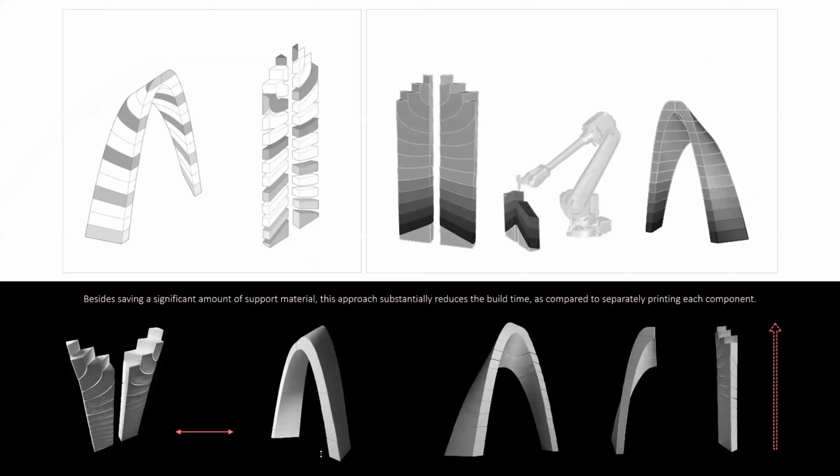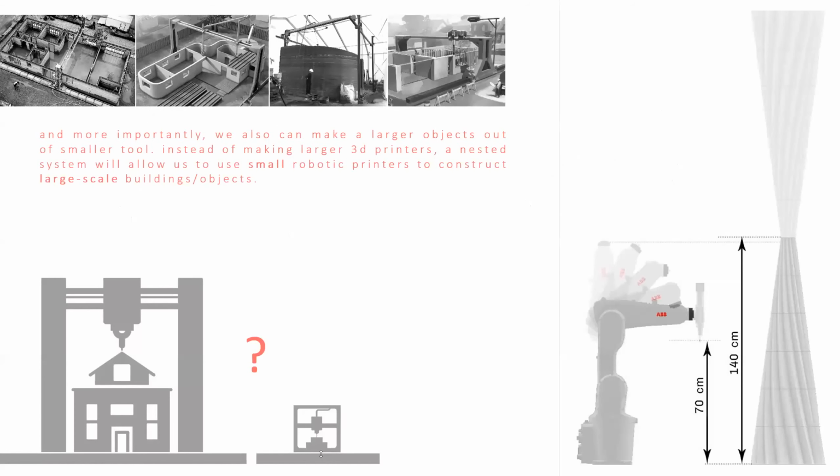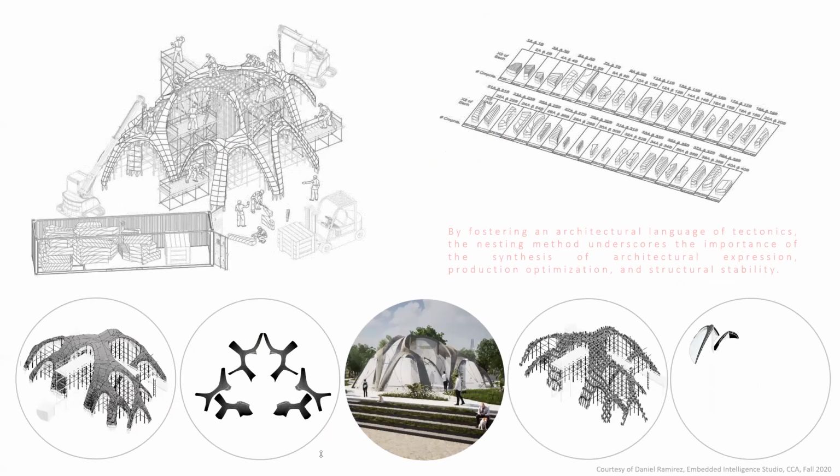For example, for printing the arch system, instead of printing the arch, we print the components on stackable pieces, and then assemble them in the arch setting. So again, with a smaller tool, you can make bigger items. And the whole idea is how we can have no waste construction with robotically fabricated construction.